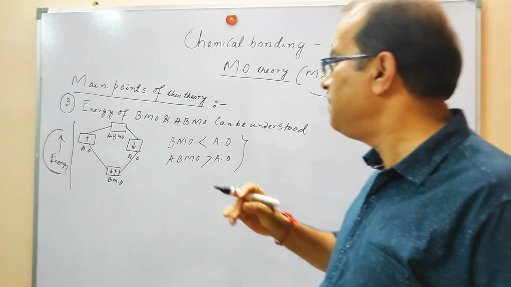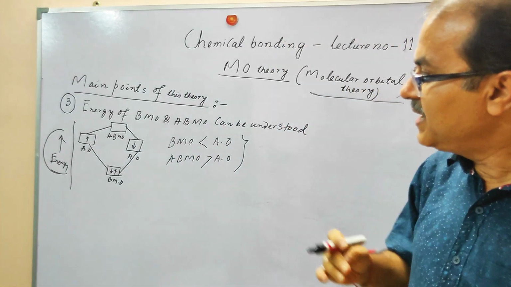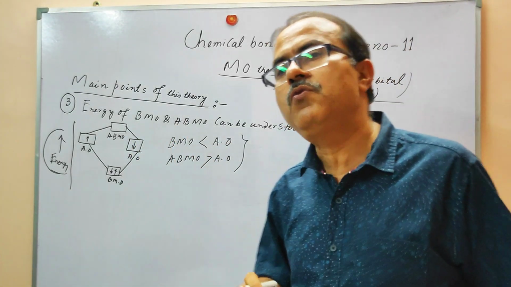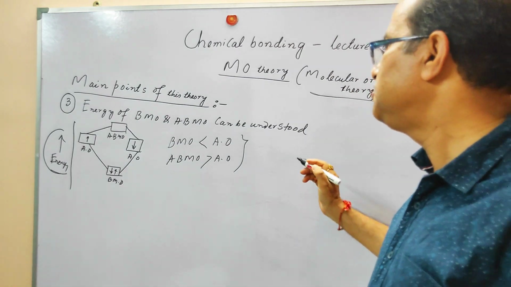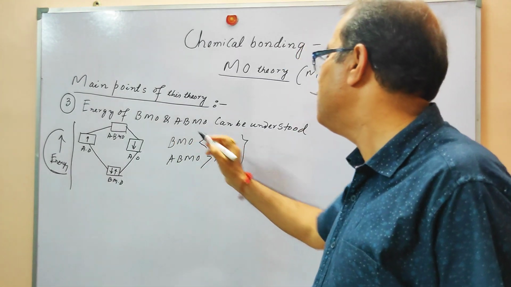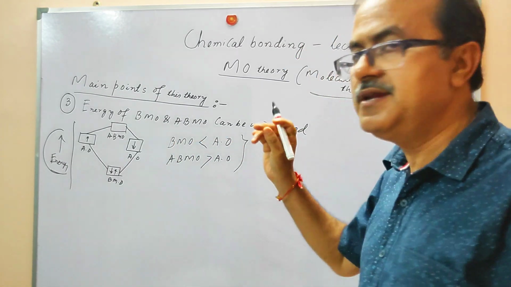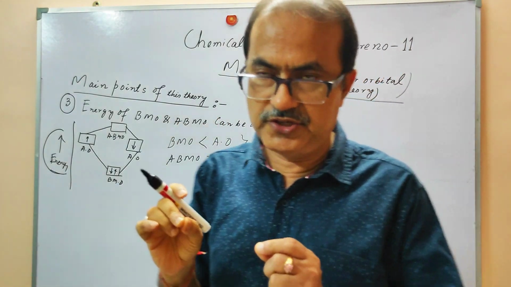Now, how does the BMO have the lower energy and the ABMO the higher energy? This is because in BMO the electron density is in between the nuclei.